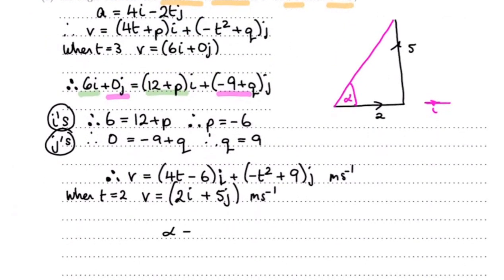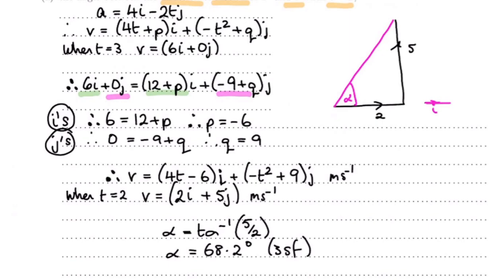So alpha equals tan to the minus 1 of opposite over adjacent. So alpha is 68.2 degrees, to 3 significant figures. So that is the angle between the direction of motion of P and i when t is 2.